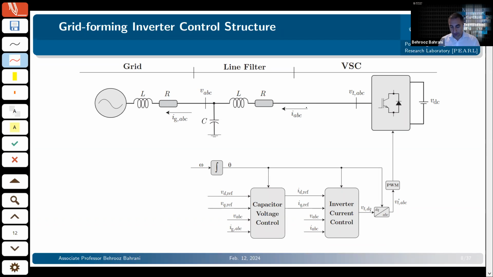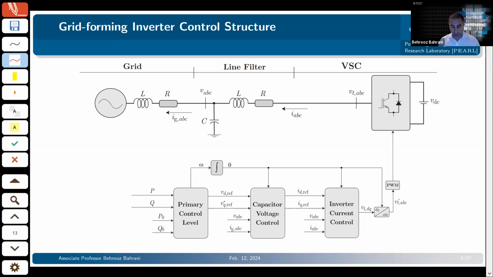The second layer is a voltage controller that controls the voltage at the point of connection. This voltage controller gives references for your internal current loop, and it receives references from another loop for the voltage. So it receives essentially the frequency and the references for D and Q component of the voltage at the point of connection.